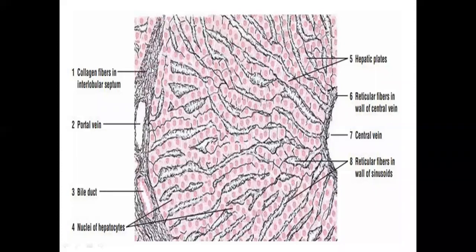Here you can see these reticular fibers merge with the collagen fibers in the interlobular septum. This reticular tissue also fuses with collagen fibers. It also surrounds the wall of the portal vein and the wall of the bile duct. So this is the reticular tissue or supporting tissue of the liver.